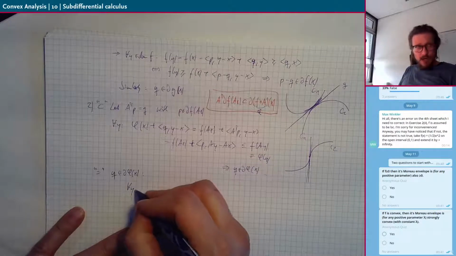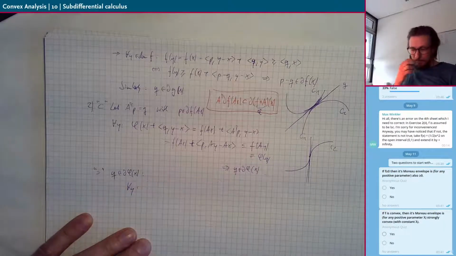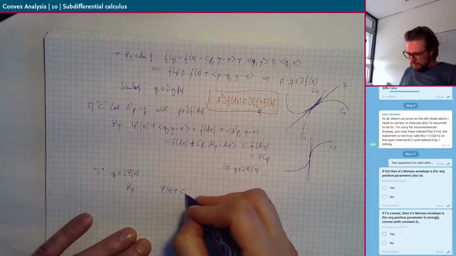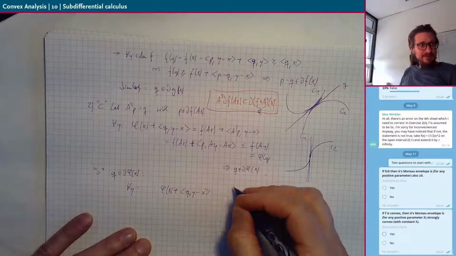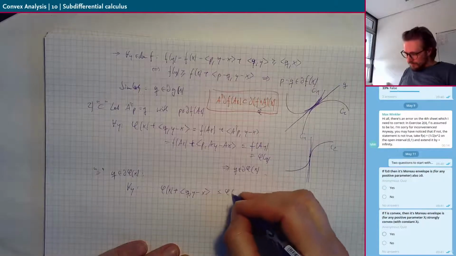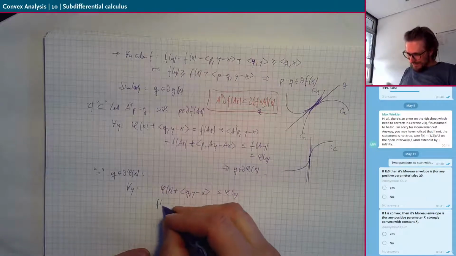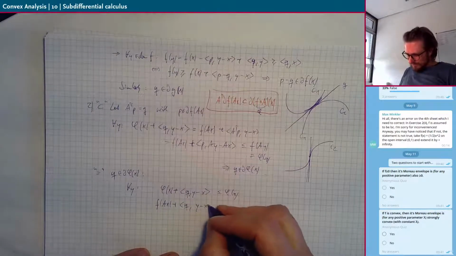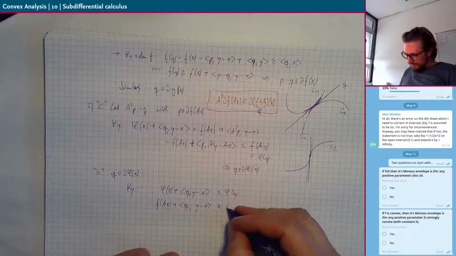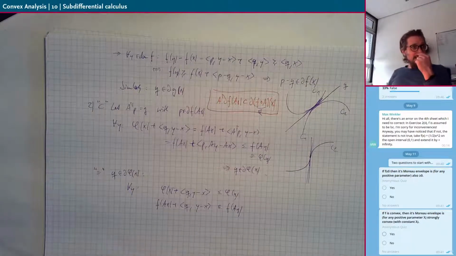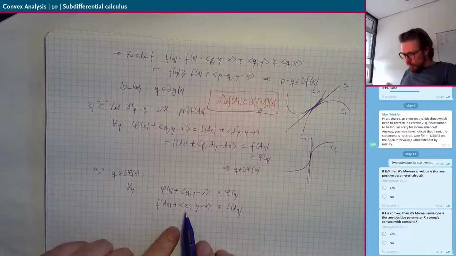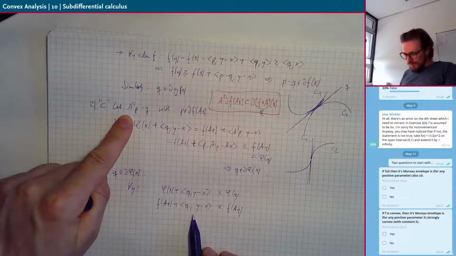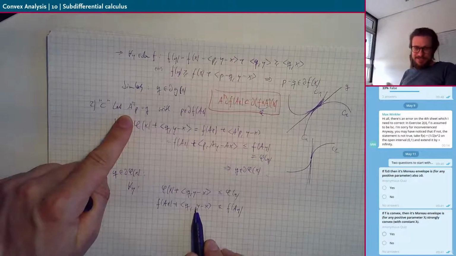It means for all y, you have that phi of x plus q times y minus x is smaller equal to phi of y, and this is the same as saying f of Ax plus q times y minus x is smaller equal to f of Ay. And so the goal is to show that this q can be written as something like this. So you would like to introduce an A here, but you can't.